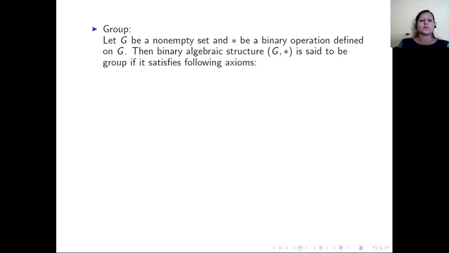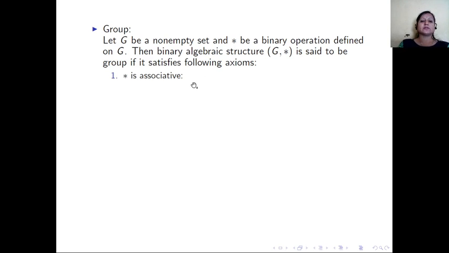Let us come to the next definition. That is our definition of group, which is the main part of this lecture. So let G be a non-empty set and star be a binary operation defined on G. Then binary algebraic structure G star is said to be group if it satisfies following axioms.